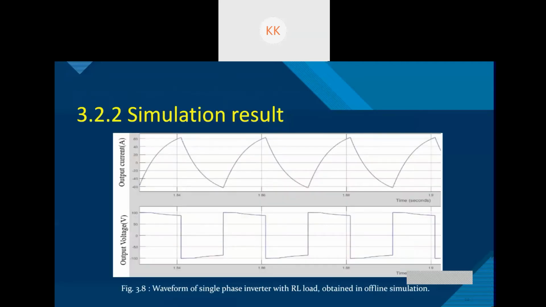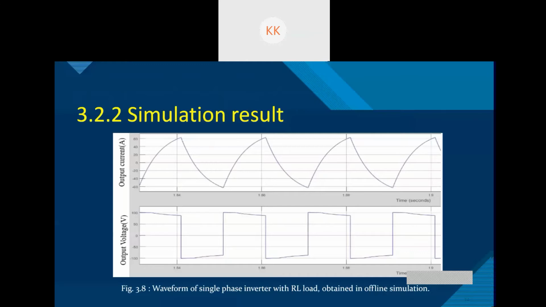In the simulated graph, we can see the output current and output voltage. In the first half cycle, some part of the current is below zero.